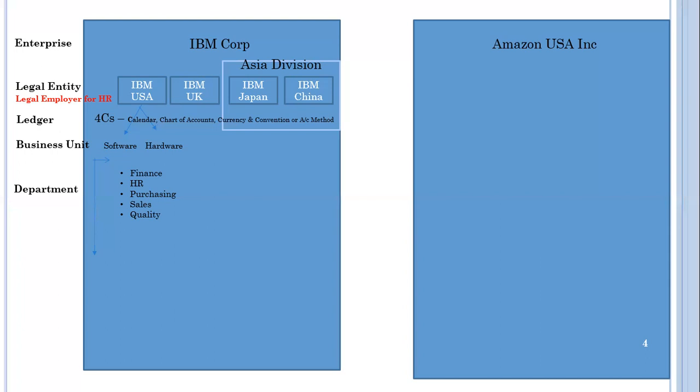They also have entities in India whose currency may be INR. Only the Indian business is reporting in INR currency, but globally it is converted into dollars and reported along with the global balance sheet.